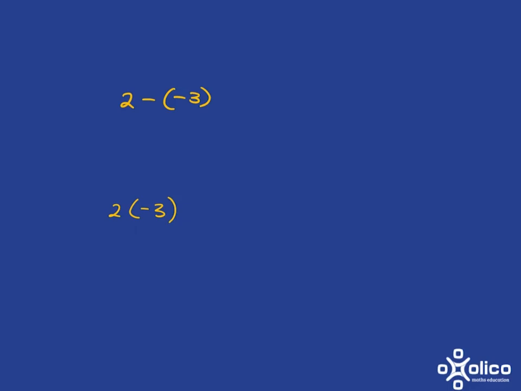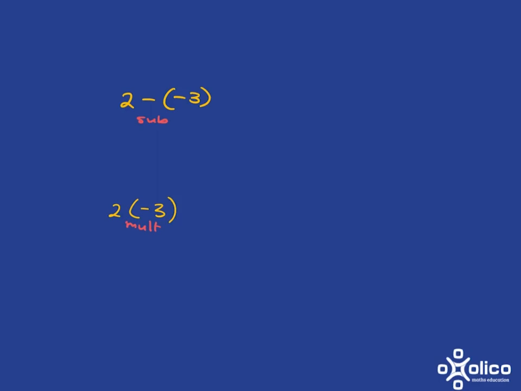Okay, so hopefully in this one, what you saw is that here you are in the subtraction world. You're saying 2 subtract -3. But here you've got nothing between the 2 and the bracket. In other words, this is a multiplication.